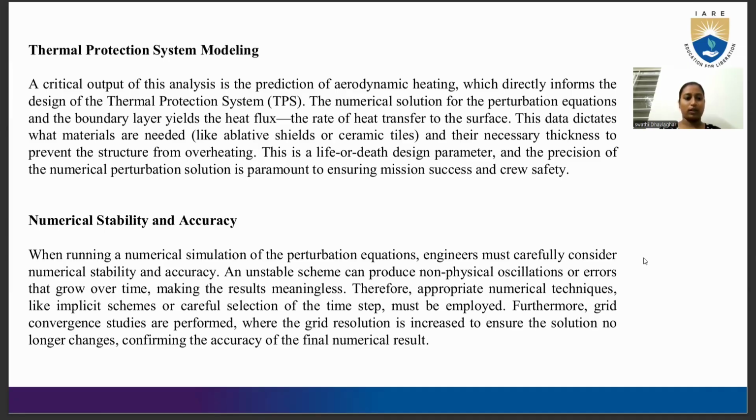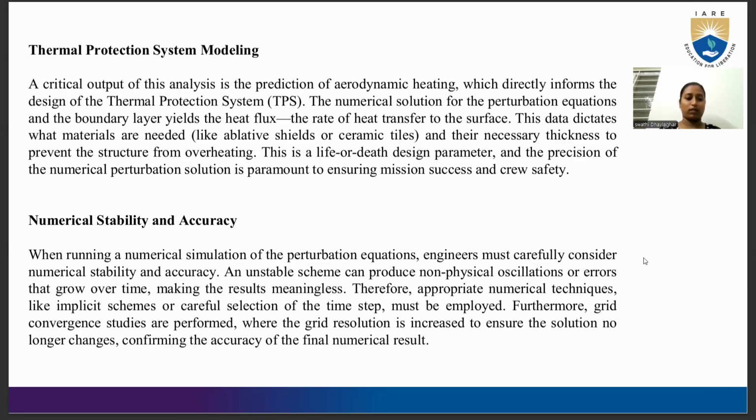The data dictates the materials needed, like ablative shields and ceramic tiles, and the necessary techniques to prevent the structure from overheating. This is a vital design parameter, and results from the numerical perturbation solution are paramount to ensure mission success and crew safety.